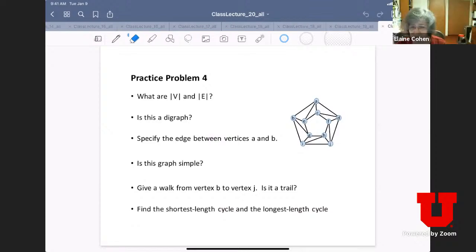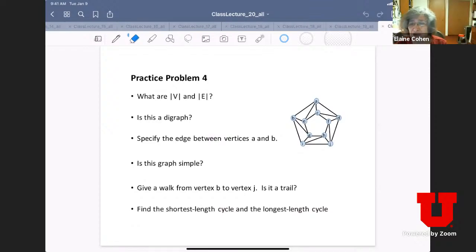How many edges are in this graph? You're close. 20. 15 isn't quite it. 20. Good. Who said 20? Me, Tyler. Good job, Tyler.